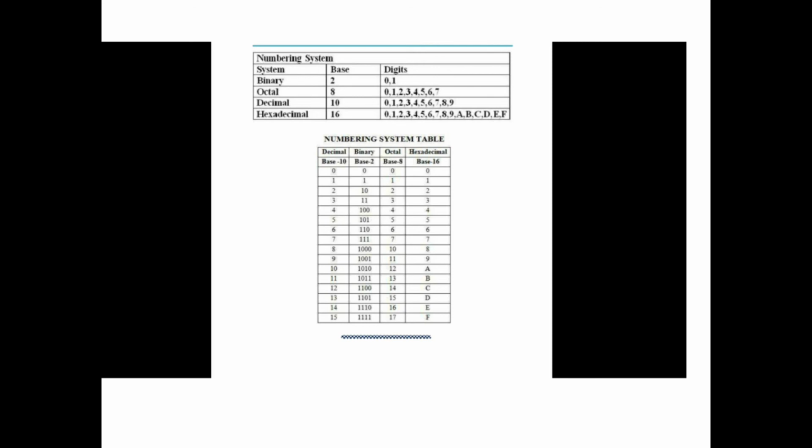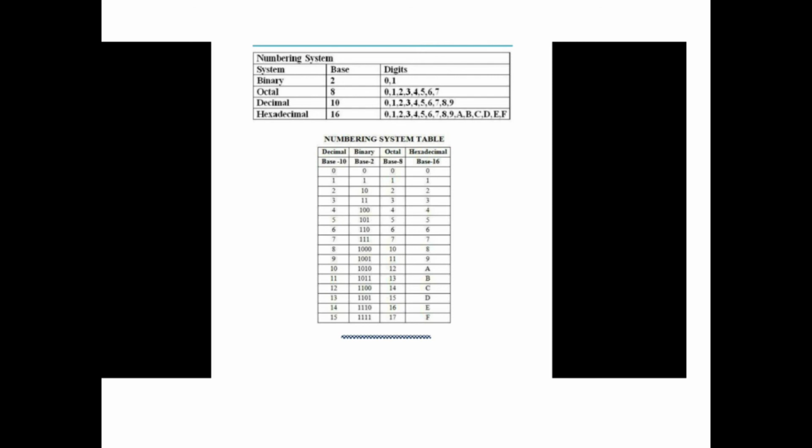Here 2 in decimal is equal to 10 in binary, and 2 in octal and hexadecimal. 3 is equal to 11 in binary, and 3 in the octal and hexadecimal number systems.